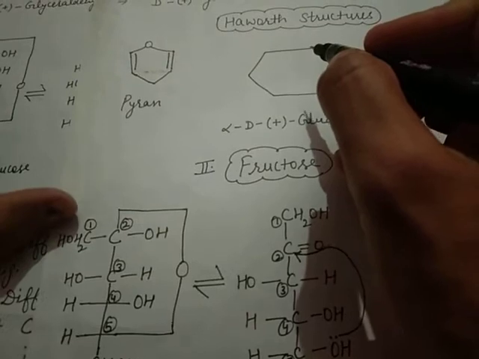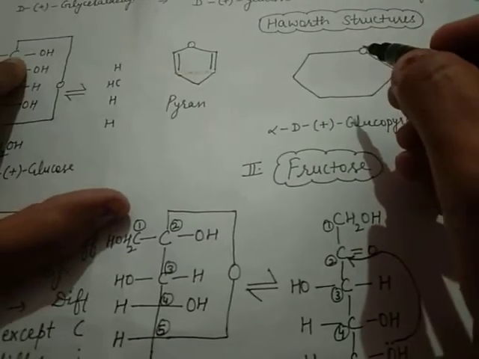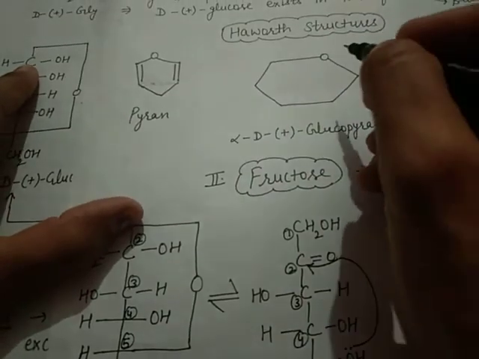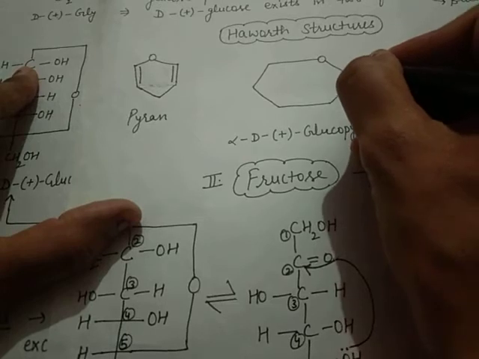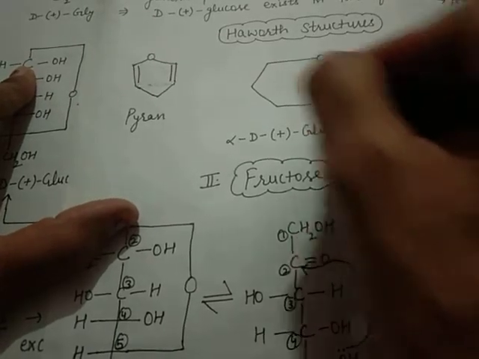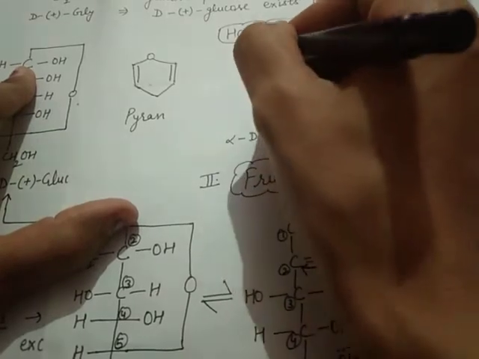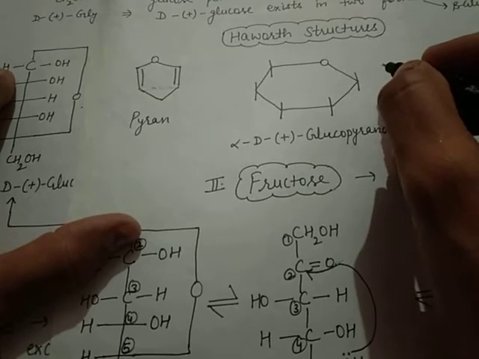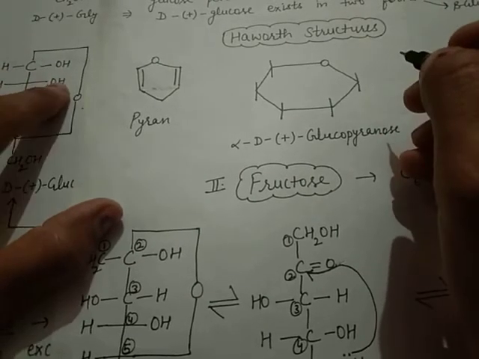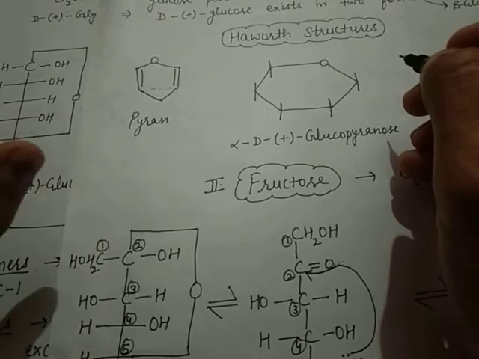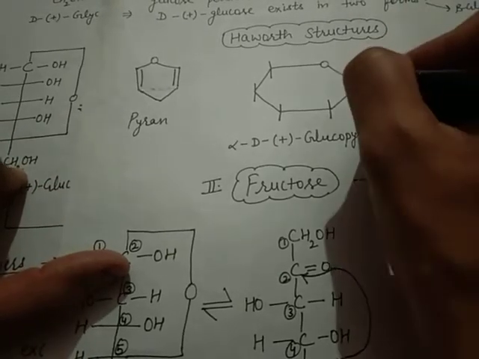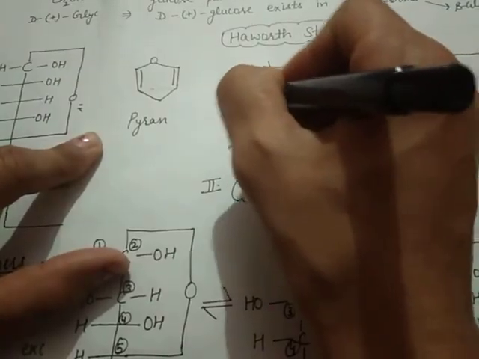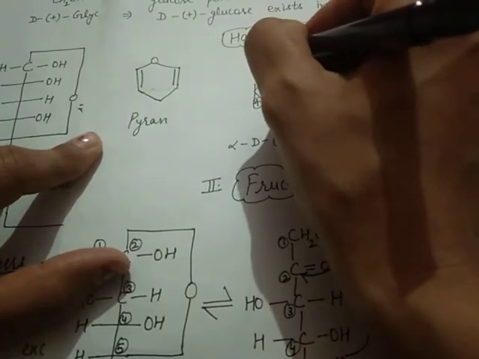At carbon number 1, left hand side H, OH, H, OH, OH, H, H, OH, H, CH2OH. This is carbon number 1, this is 2, this is 3, this is 4, 5 and 6.